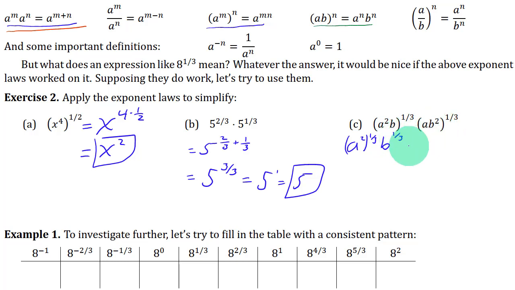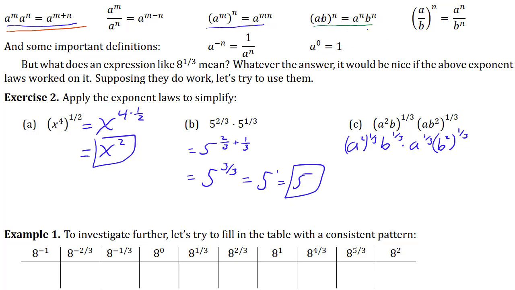And here we're going to do the same thing. We're going to do this times a to the power 1/3 and b squared to the power 1/3. So it's sort of like the distributive rule, but we're distributing an exponent into multiplication instead of distributing multiplication into an addition.